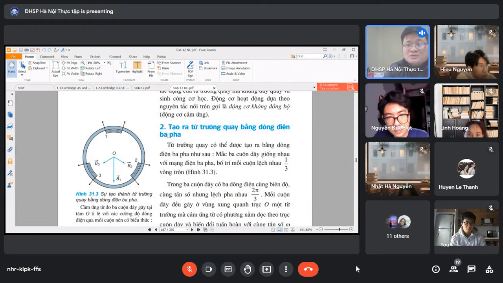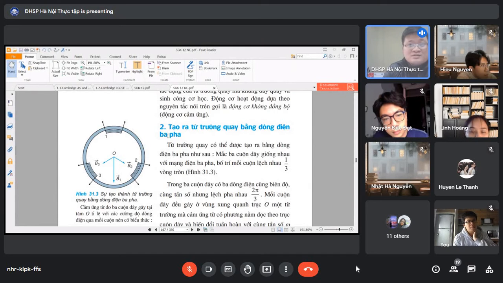Nowadays, VinFast also creates electric cars, and that is really related to this topic: how we can use electricity to drive a motor to make something turn.